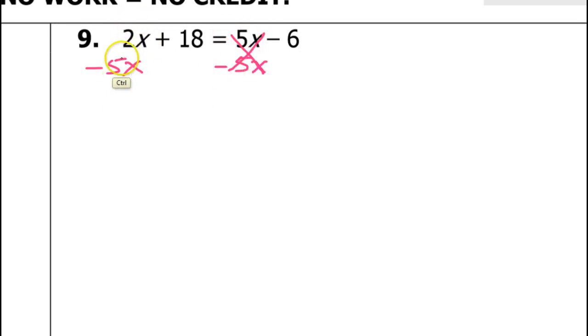Now some students are still having trouble adding and subtracting with positive and negative numbers. So here's just a quick tutorial on this. I'm about to combine a positive 2 and a negative 5, and of course the x goes with it. So positive 2, think of that as 2 positive objects, like positive and positive, plus plus.